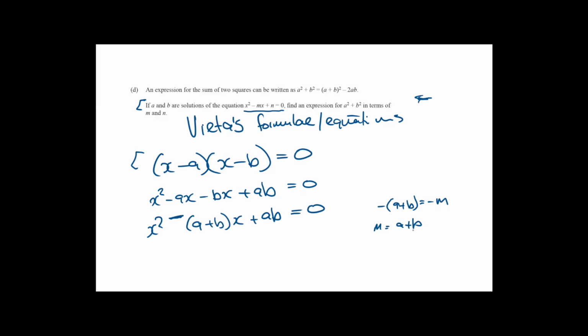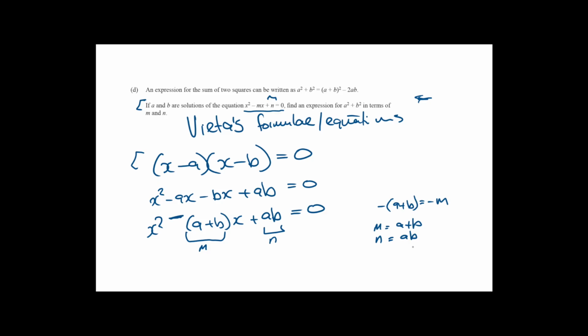Now we want to compare these constant terms. AB here must equal n. So that's got to be m, that's got to be n. All right, so n equals a times b.